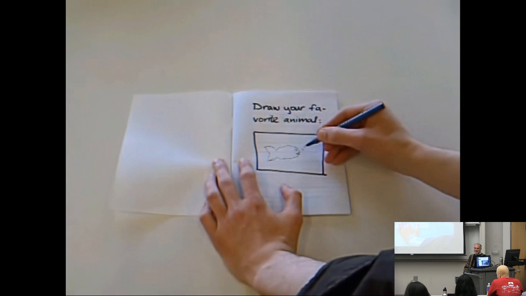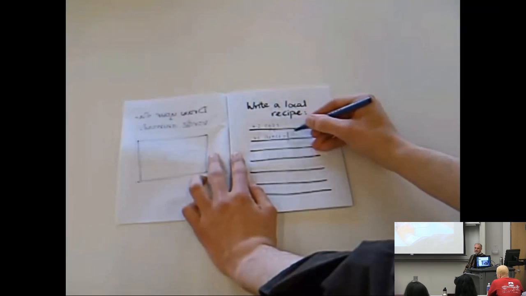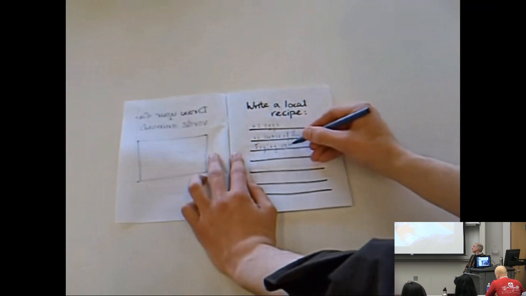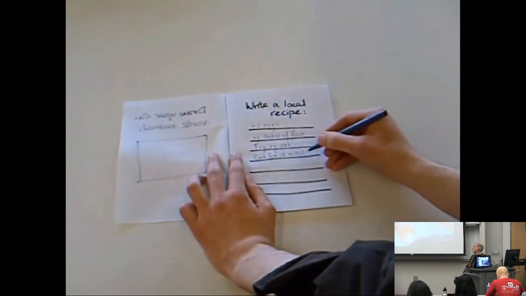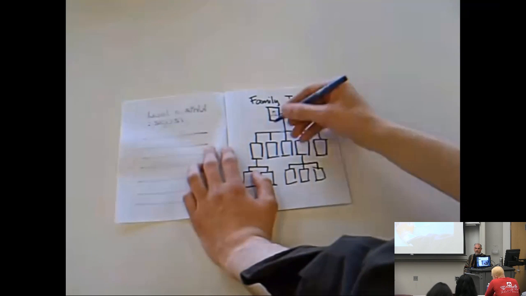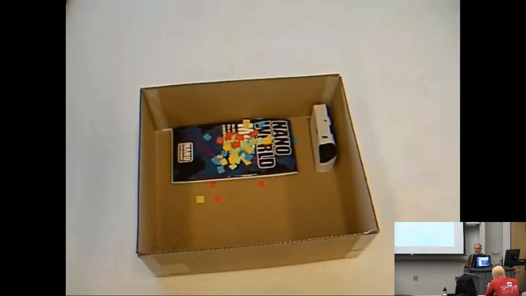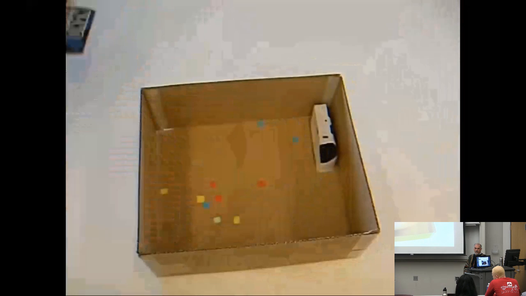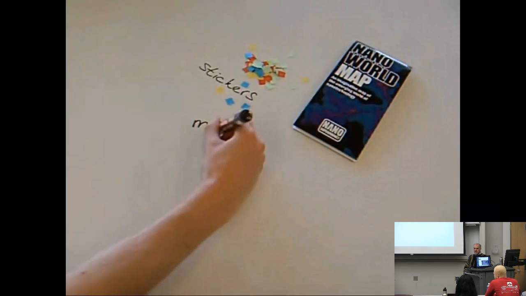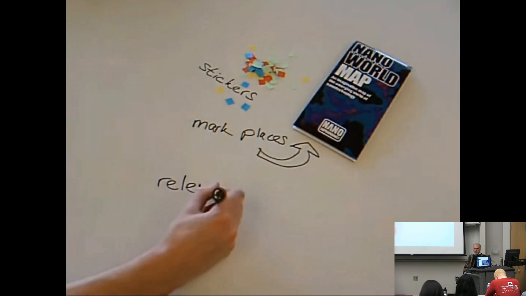The exercises in the workbook are a good way of engaging participants in the topic of research. Next up is the map. Using stickers, participants can mark places on a map of their environment that they think are relevant to the research topic.